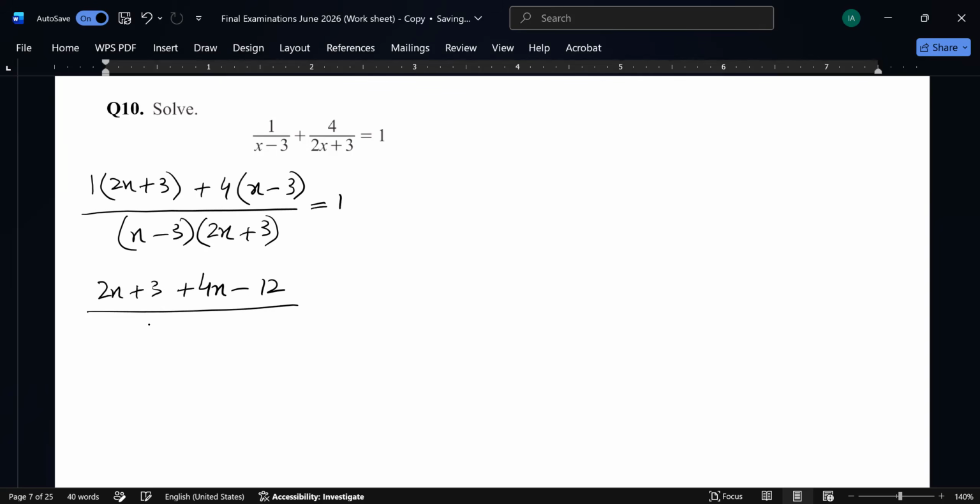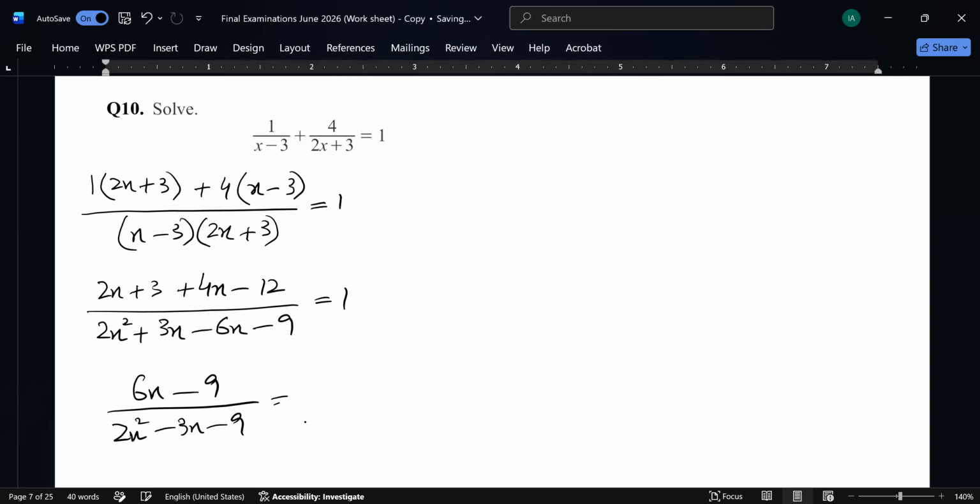The denominator is going to be 2x squared plus 3x minus 6x minus 9 equals 1. Let's simplify further. The 3x and 4x become 7x, so 7x minus 9, and the denominator is 2x squared minus 3x minus 9 equals 1.